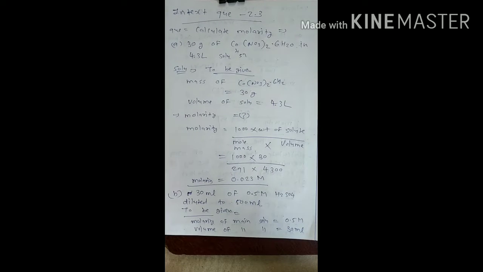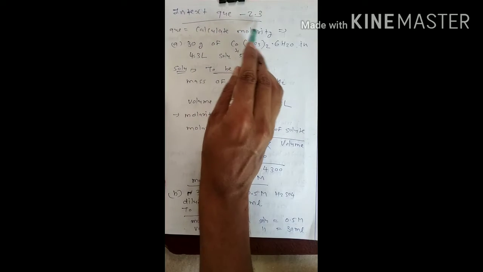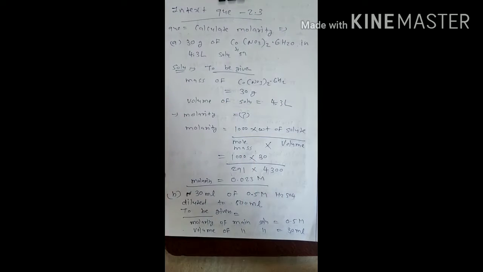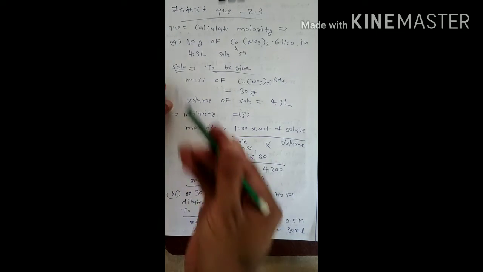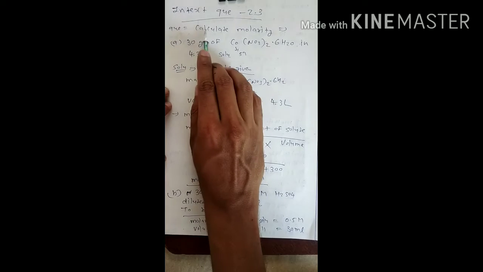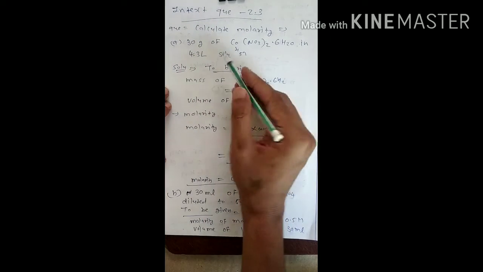Now third example, INTEXT question number 2.3. In that you have two sub questions, A and B. So I am going to calculate both here. What is A? Calculate molarity in both.